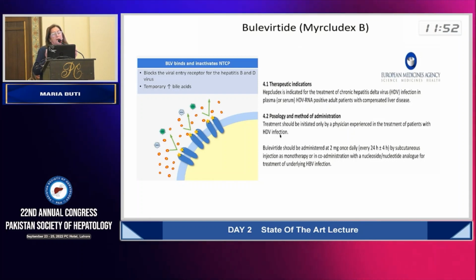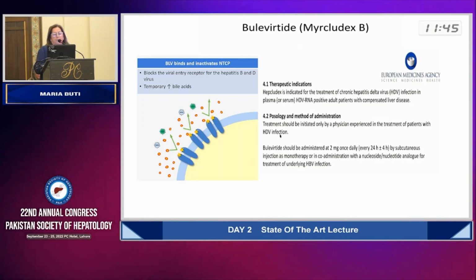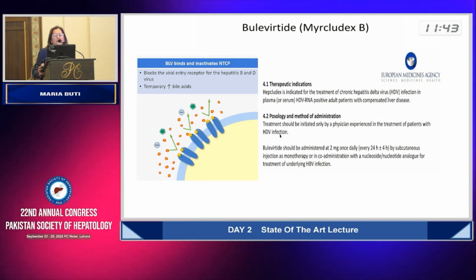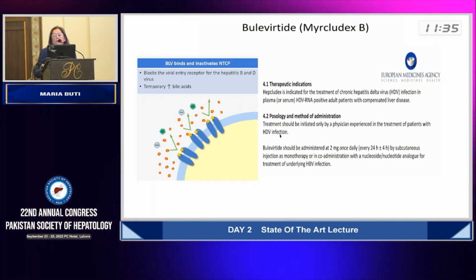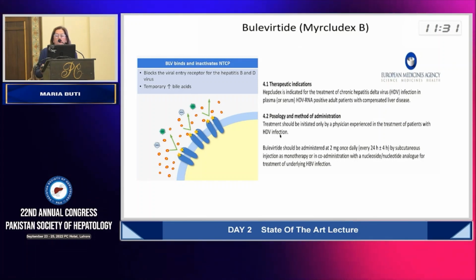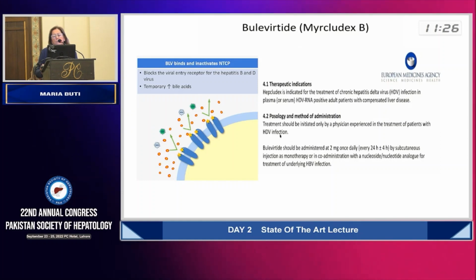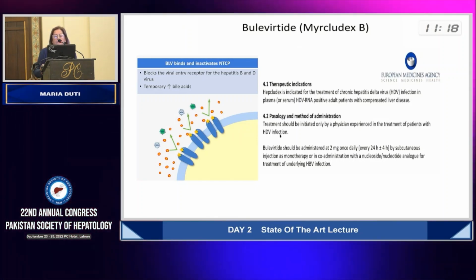It acts on a cellular target and blocks the entry of hepatitis B and hepatitis delta into the hepatocytes. It's administered subcutaneously, and the indication in Europe, with a conditional approval, is for patients with chronic hepatitis delta, compensated liver disease, HDV RNA positive, administered subcutaneously as a monotherapy or co-administered with nucleoside analogs.